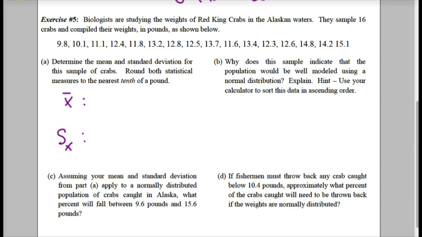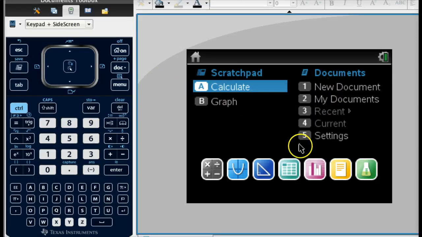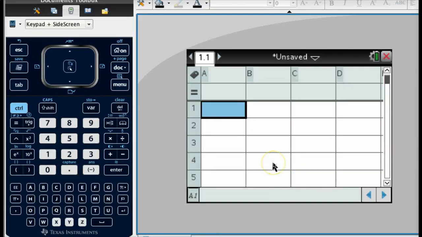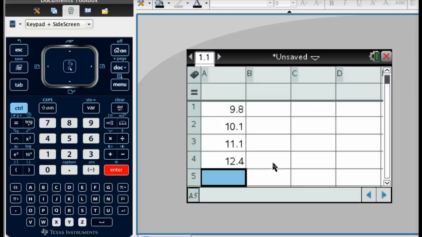So go ahead, I'm going to put that in my calculator. I want to go to graphs, and then I want to enter these. 9.8, this is from the previous lesson. 11.1, 12.4. Make sure our numbers are correctly entered. 11.8, 13.2, 12.8.